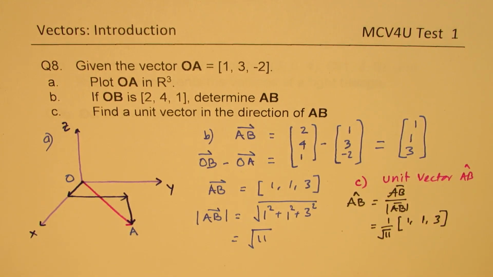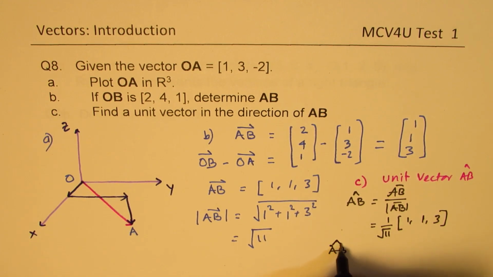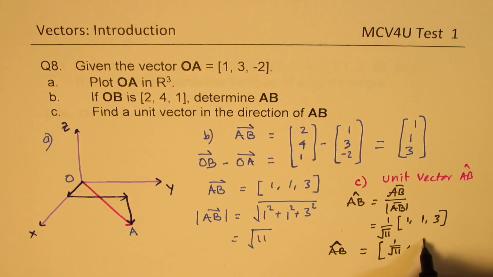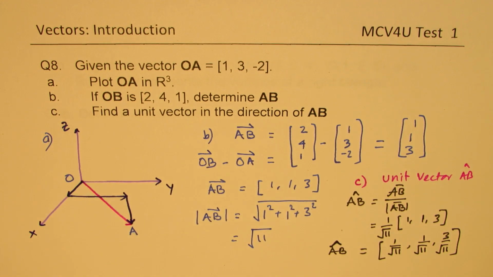So that is how you could write the unit vector. So the unit vector AB, which is normally represented by this, right, will be (1 over square root of 11, 1 over square root of 11, 3 over square root of 11). Clear? So that is the unit vector AB. So I hope that is absolutely clear.